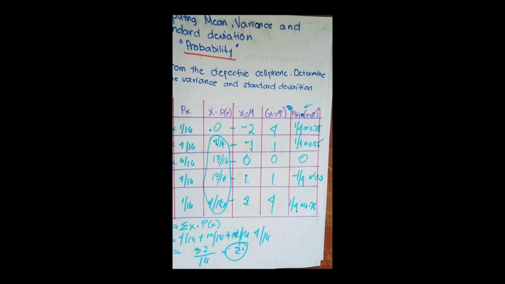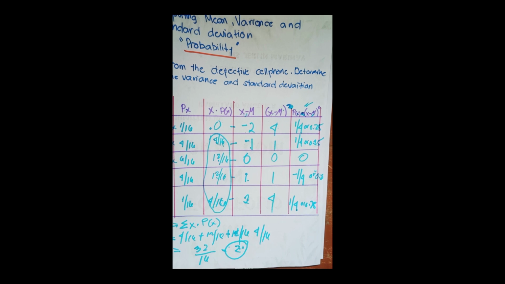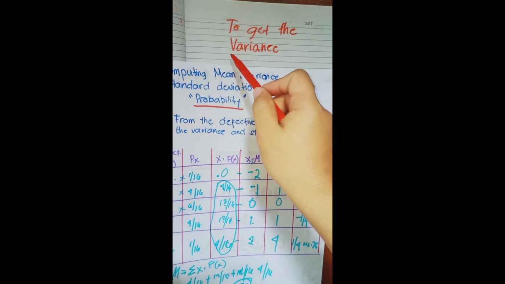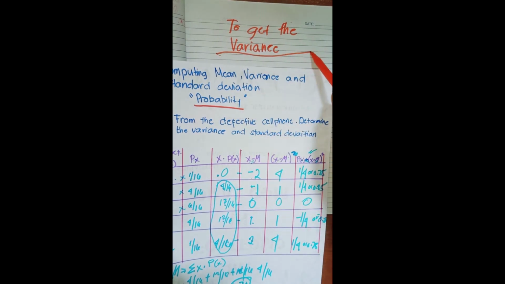To get the variance, we have to add this column, or get the total of this one.